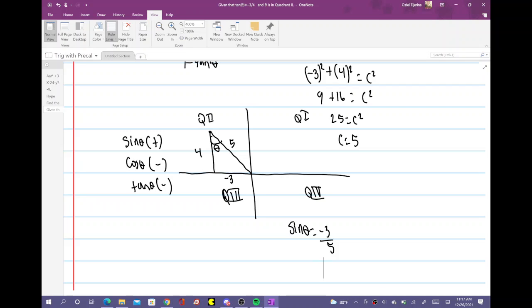So if you do y over negative x, this is the y-axis, this is the negative x-axis. Cosine is negative because cosine is x, so it's negative x. Sine is positive because it's the y term, right?